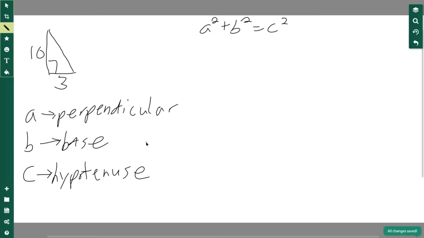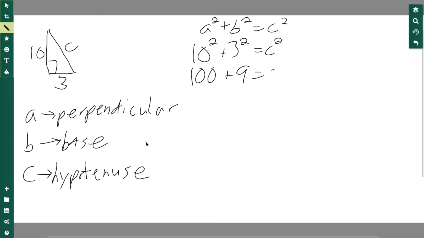So let's plug in our values just as before. So we have 10 for a, and 3 for b, and we'll set it equal to c squared because that's what we're trying to find. And then we can take 10 squared, which is 100, and 3 squared, which is 9. We can add those numbers together to get 109.